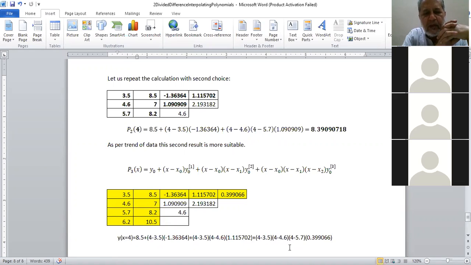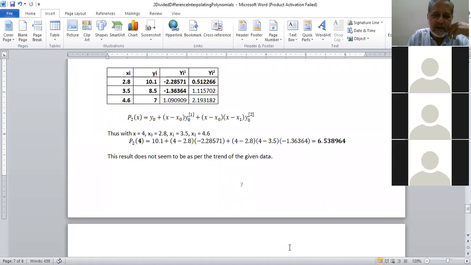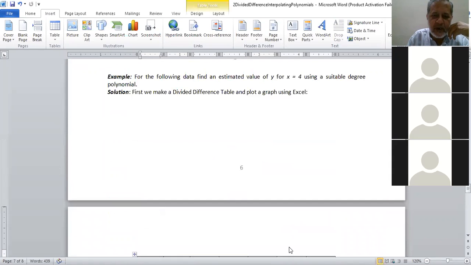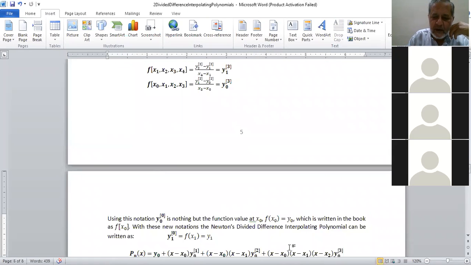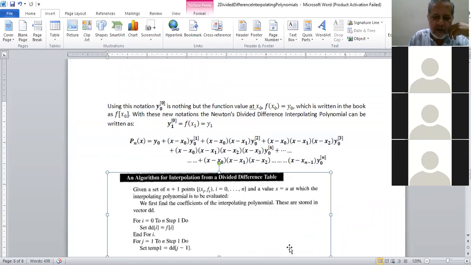Then we demonstrated how to estimate value of y for a missing value of x using Newton's divided difference interpolating polynomial formula, and that means what formula? This formula.